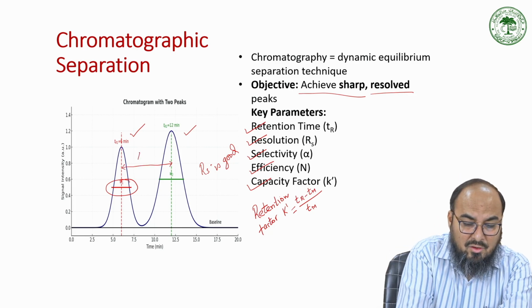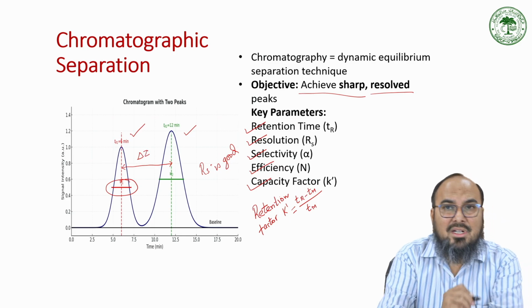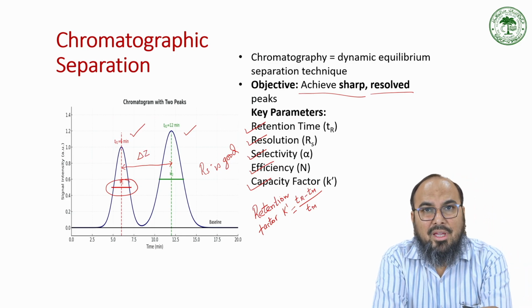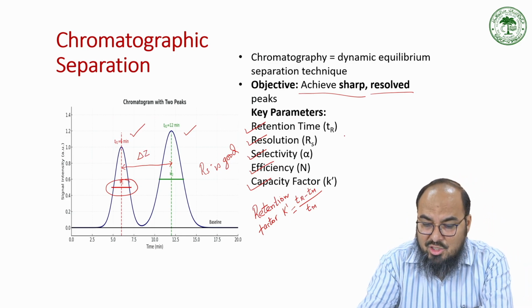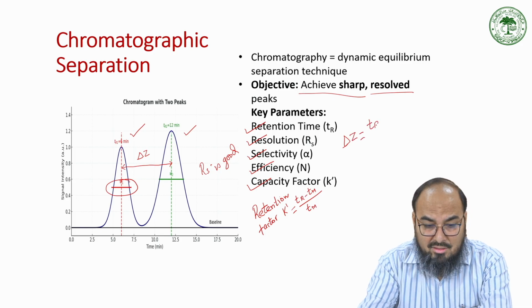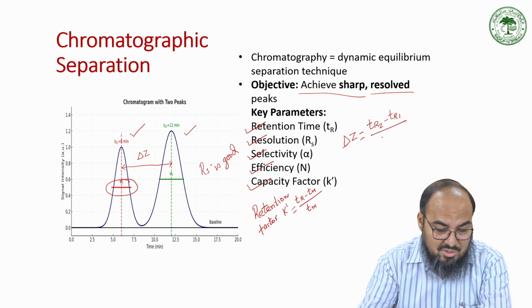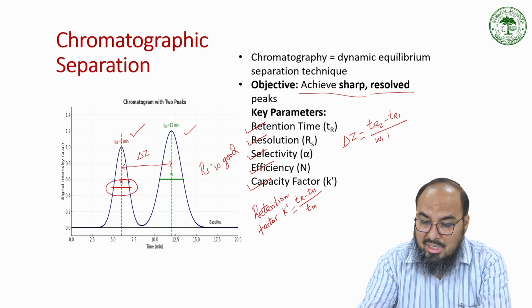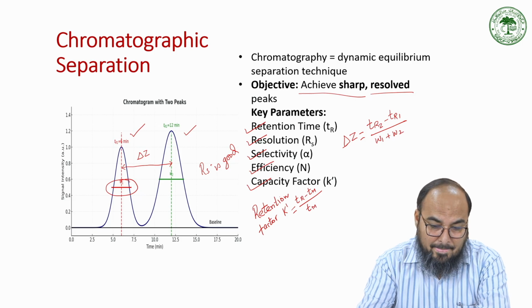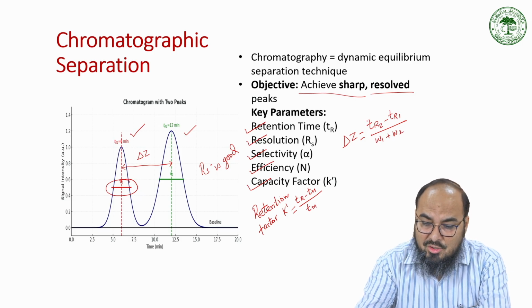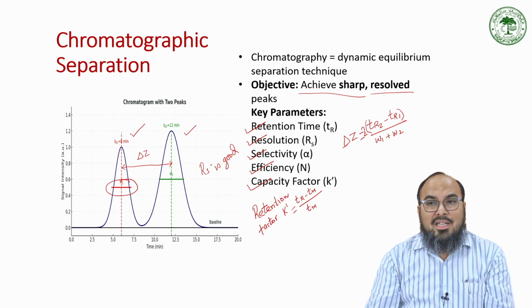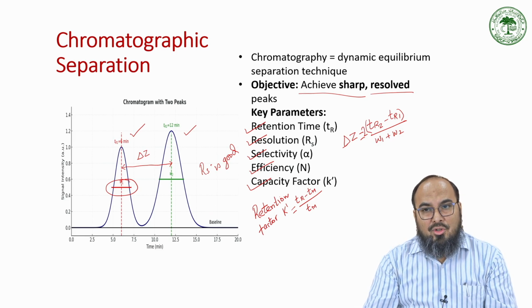We have already seen in our previous slides that we represent this by delta Z. This delta Z is given by TR2 minus TR1 upon W1 plus W2 over two, so this is actually twice of (TR2 minus TR1) upon (W1 plus W2).